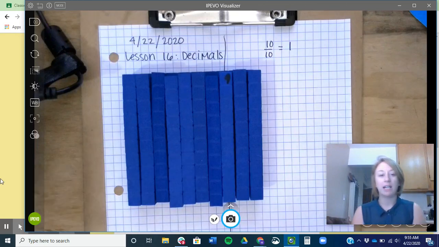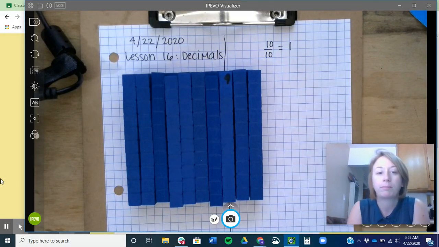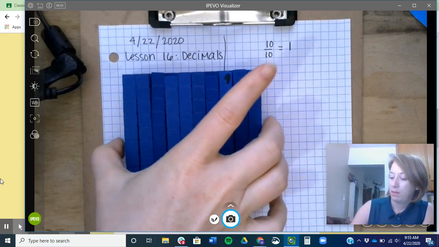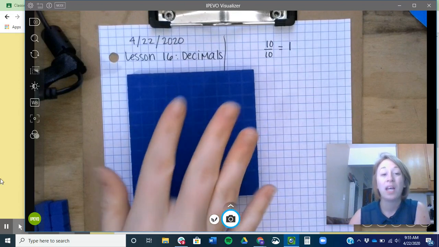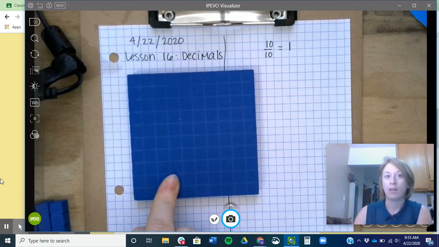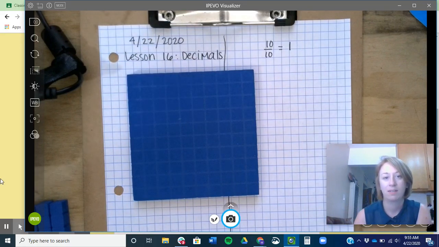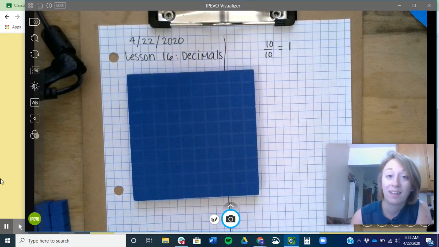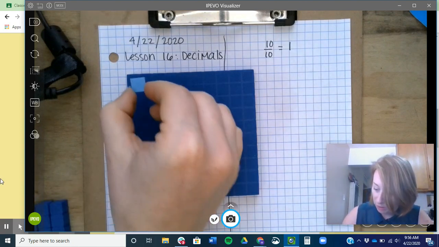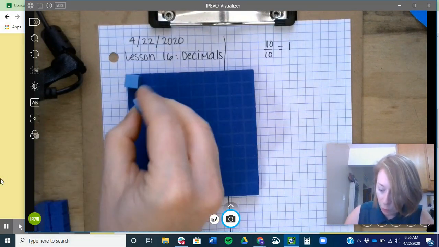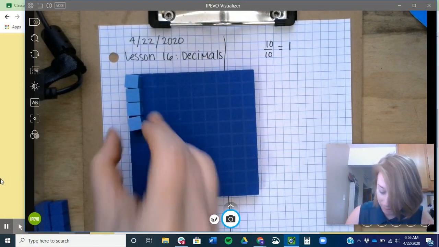You should have that written down somewhere on your scrap piece of paper. I'm just going to go ahead and put mine in the corner. Now let's say we go back to our one whole, and now we cut our one whole into 100 equal size pieces. What do you think that would look like? If you were thinking that it would look like all these little ones on top, you're right.